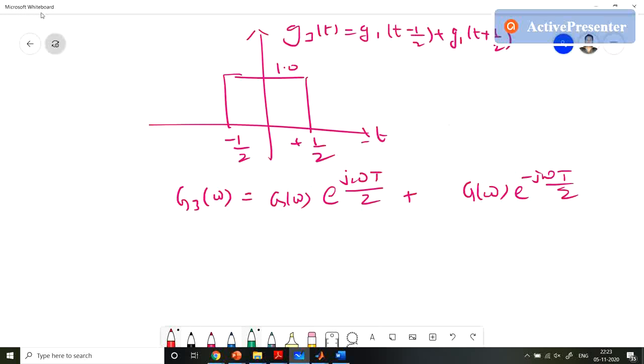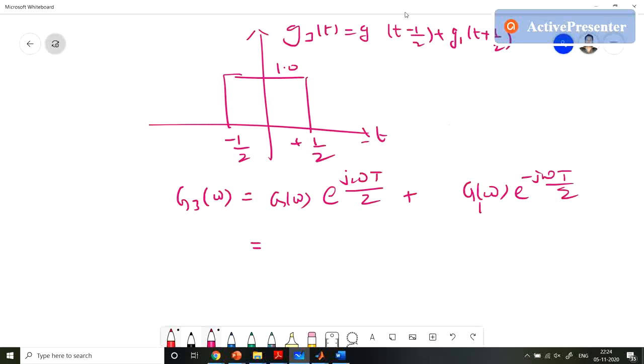So G3t is simply Gt minus 1 by 2 plus G1t plus 1 by 2. The result is that we have G omega e raised to the power j omega t by 2, and here we have G1 omega e raised to the power minus j omega t by 2. Finally, we put in the value of G omega, which is given in the question.